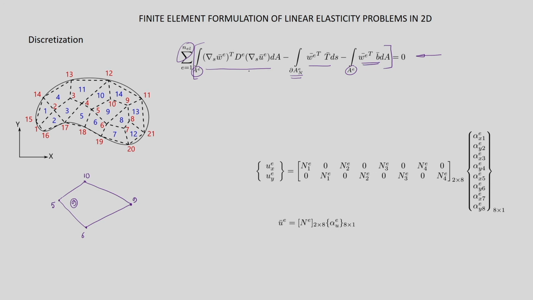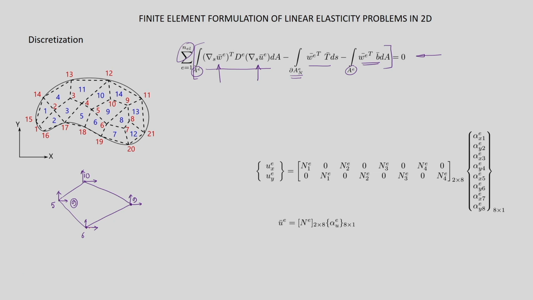So now we have to look into a particular element. When I am looking at a particular element, I have to calculate the symmetric gradient of U and W. So first of all I have to represent U. In a given element, say element 9, we have 4 nodes 5, 6, 9 and 10. In each of the nodes we have 2 displacements. Node 9 has 2 displacement components, node 10 has 2 displacement components, similarly node 5.